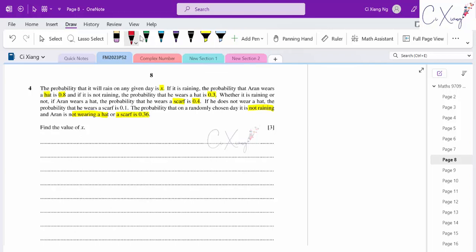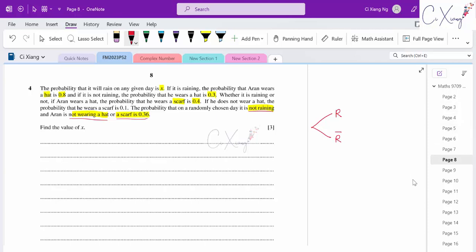Okay, for this question, it is a sequence of events that happen. Alright, so it will be quite suitable if we use a tree diagram to show the result. But since the question here only focuses on not raining, not wearing a hat, and also not wearing a scarf, when we draw the tree diagram to help us, we don't need to draw the whole tree diagram.